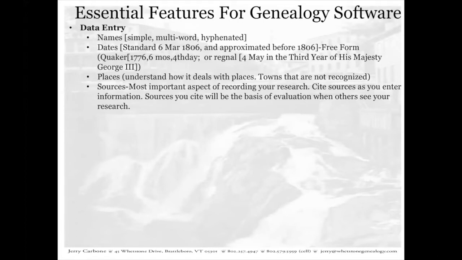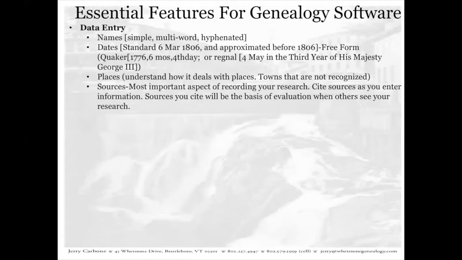Okay. So getting back to this, the dates can be put in either as a standard date or an approximated date, because many times you don't really have a date, but you know that the person wrote a will in 1809 and in 1815 he was dead.